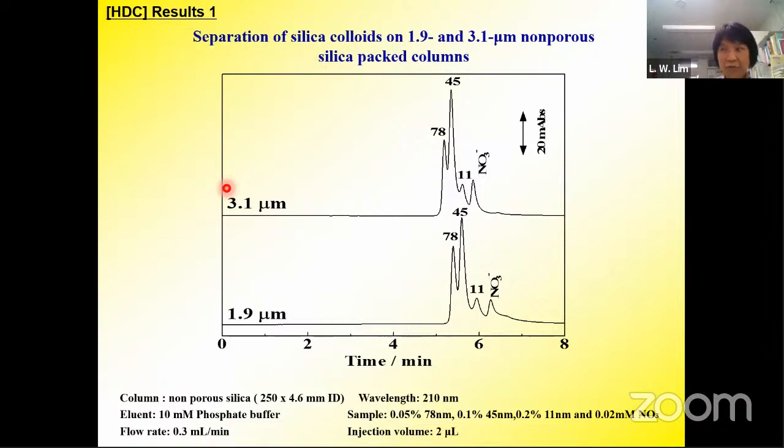Compared to the 3 microns, when we use a smaller one, like 2 microns, you can compare the separation. This is a bit better than this one. So this is just some example that you cannot find in the textbook. Other things, if you want to know, you can read from the textbook.